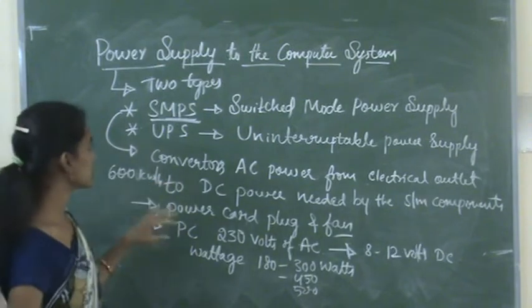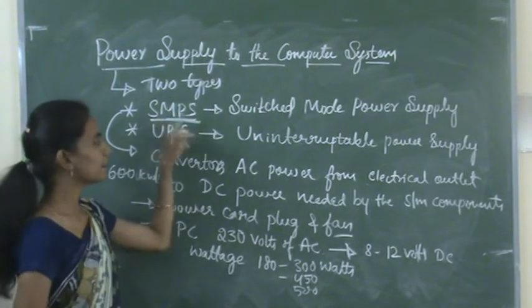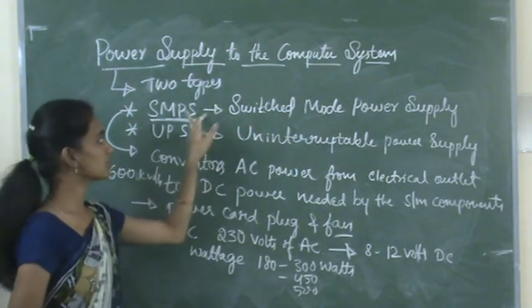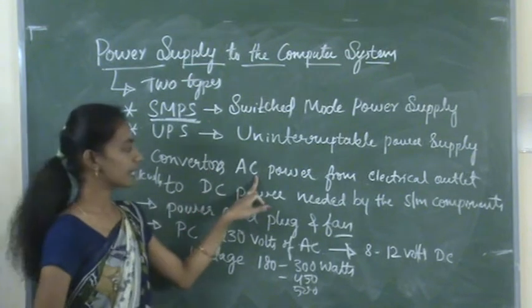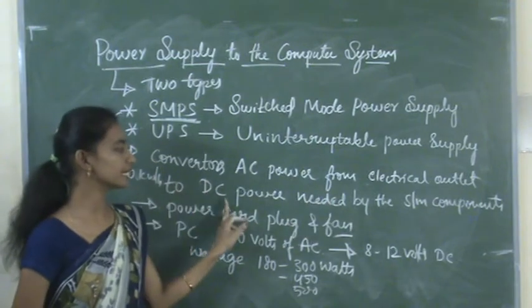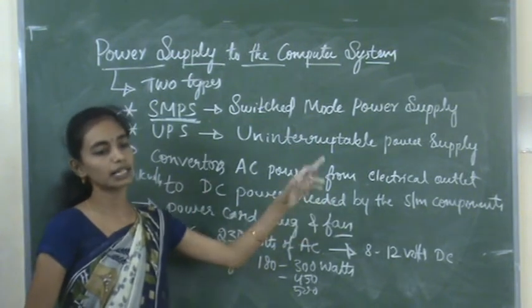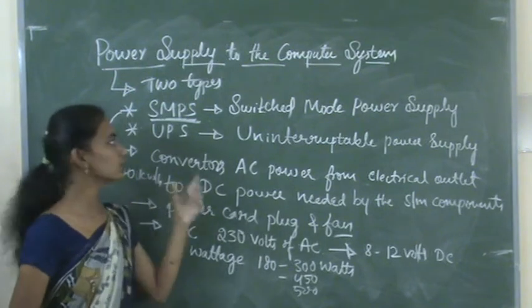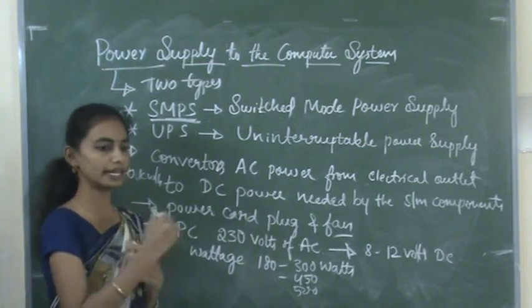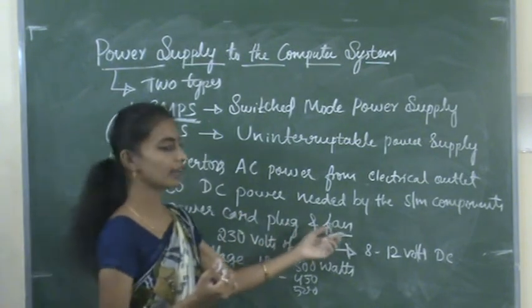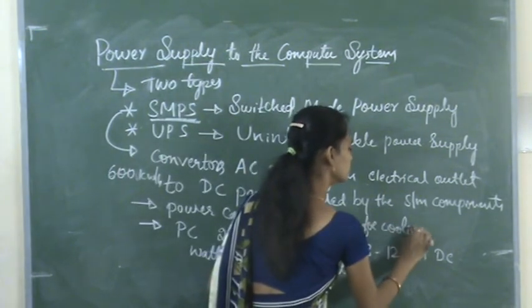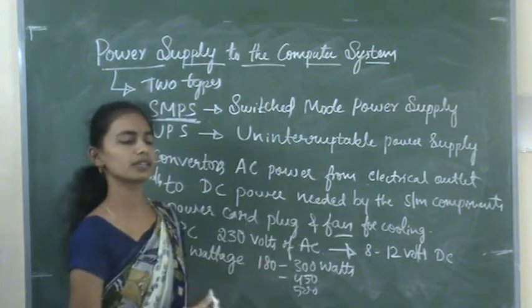So this is about SMPS. SMPS stands for switched mode power supply. It converts AC power from the electrical outlet to the DC power needed by the system components. It has a power cord plug to connect the power and a fan for cooling, because it generates heat.